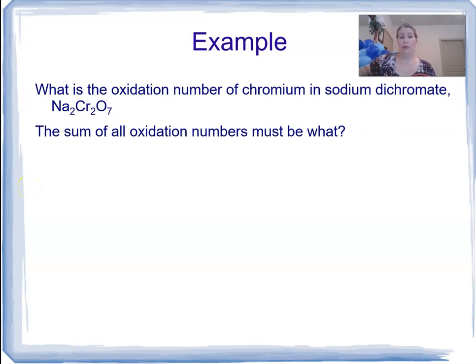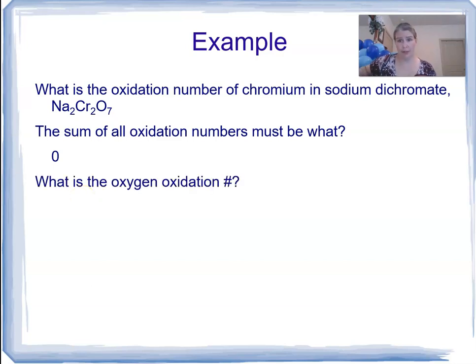For the whole compound, sodium dichromate, which is a thing that exists, what do we know all of the oxidation numbers have to add up to on a neutral compound? Well, it's neutral, so it has to be 0. So now I can start thinking about the parts that I know. I know the oxidation number of oxygen.